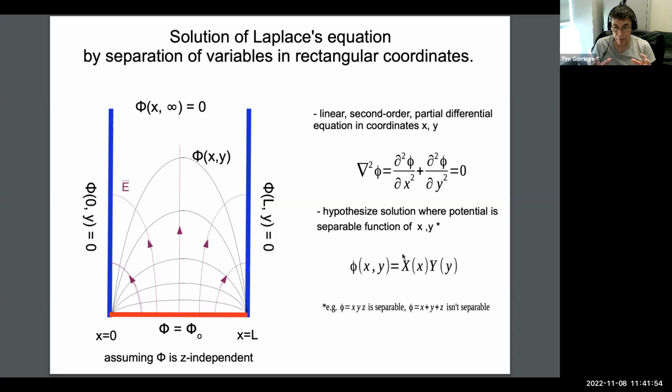And we write Laplace's equation or Poisson's equation down in some explicit coordinate system, say rectangular coordinates, and we hypothesize a solution in which the electrostatic potential is a separate function of the spatial coordinates. So in rectangular coordinates, separate functions, say, of x and y and z. And that's separating the variables.